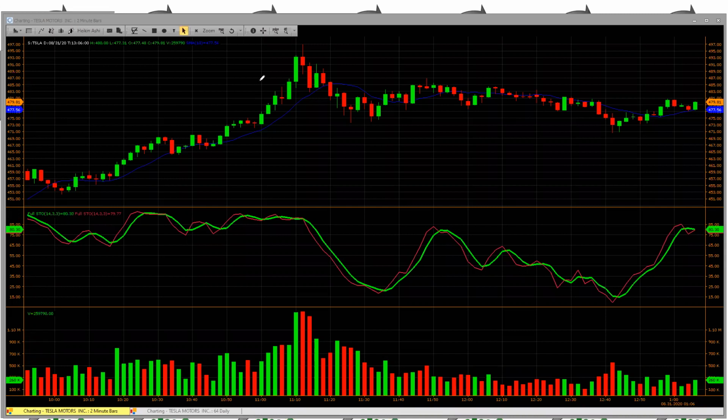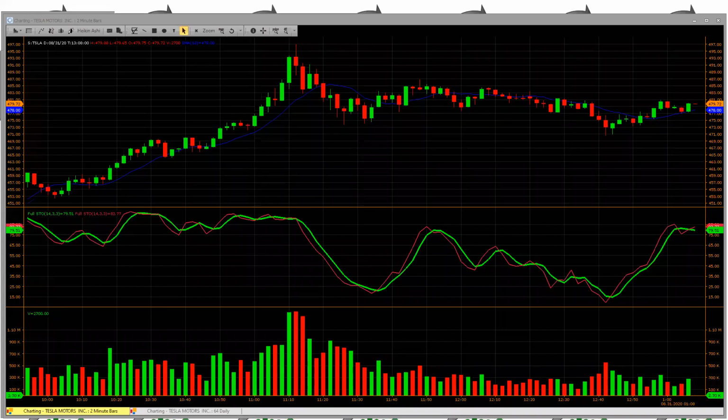So right here, check this out. So here's the ladder. How about yellow? No, it's not doing it.